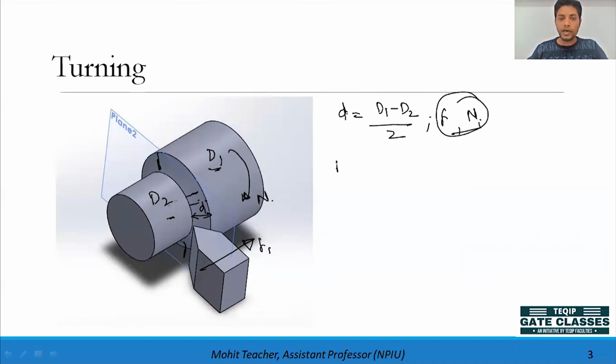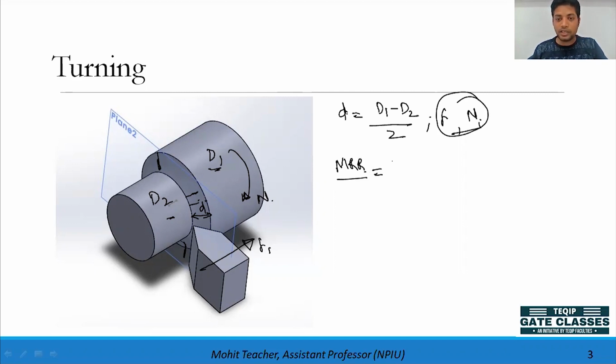Now if you have to calculate the MRR, the material removal rate, that is how much material is removed per unit time. It shows the volume.